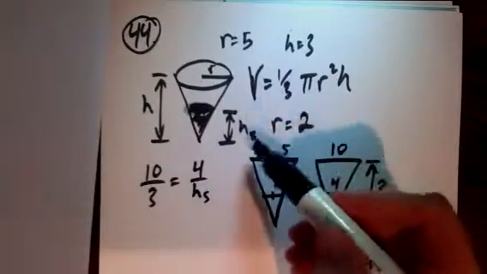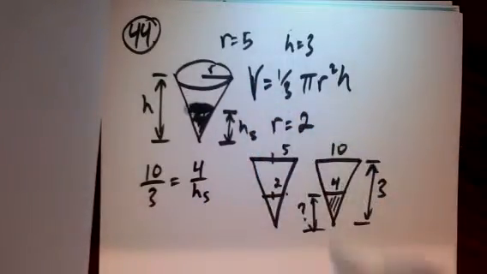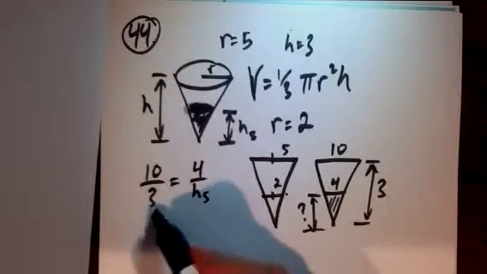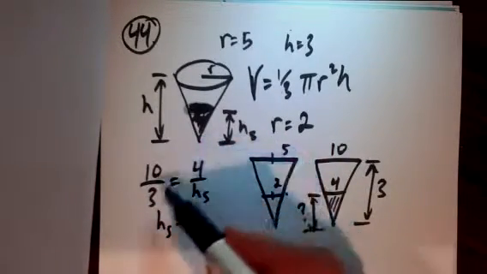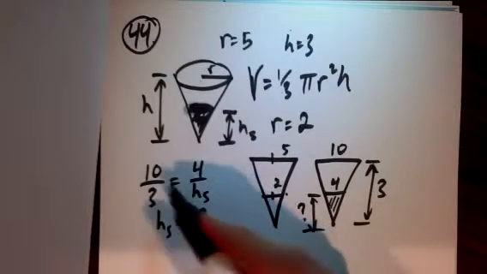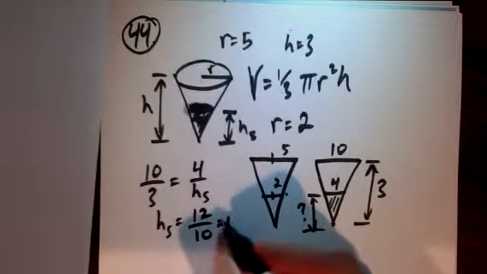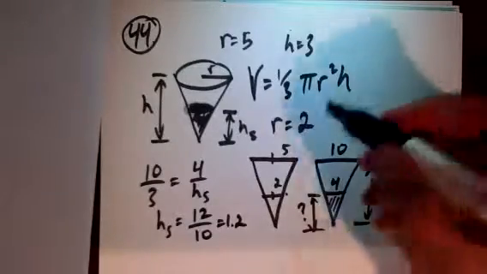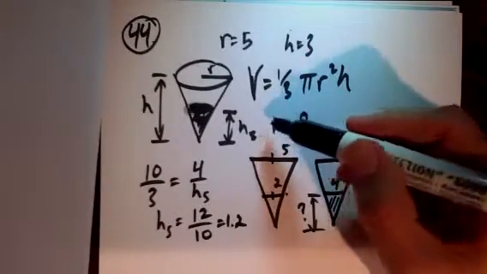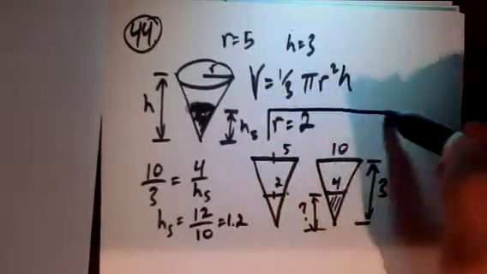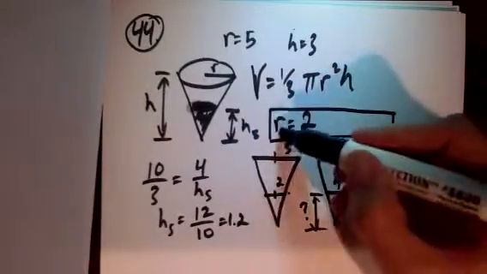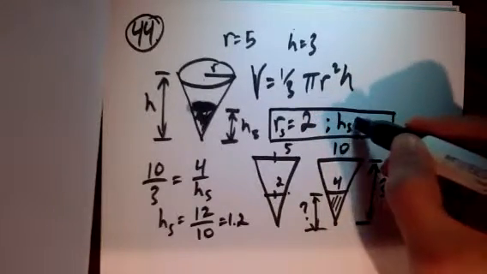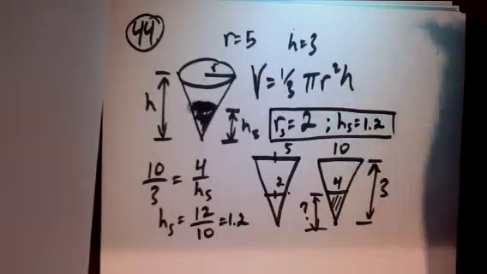Call that HS to match height small. Now cross multiplying and dividing, you have that the small height is 3 times 4, which is 12, divided by 10, or 1.2. So the small triangle has radius 2 and the small height is 1.2.